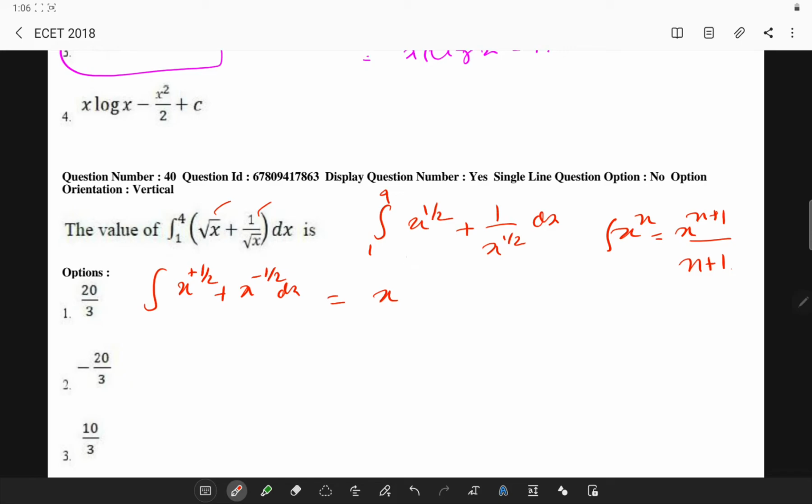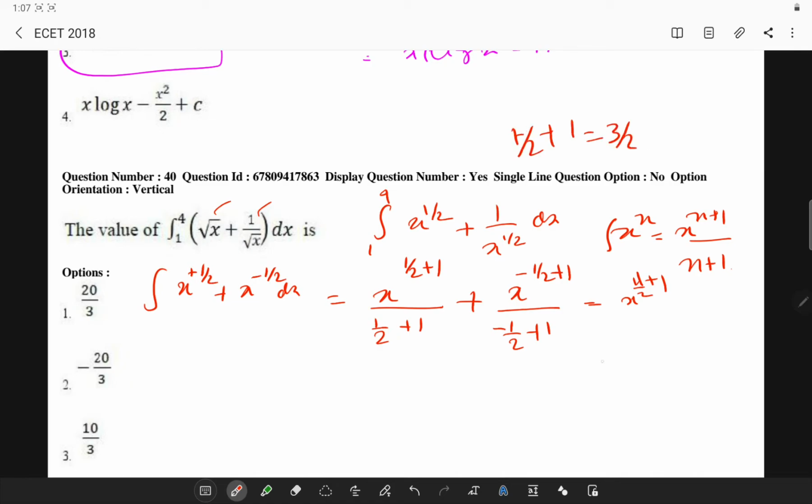This is x power 1 by 2 plus 1 divided by 1 by 2 plus 1, plus x power minus 1 by 2 plus 1 divided by minus 1 by 2 plus 1. 1 by 2 plus 1 is nothing but 3 by 2. So I can write this as x power 3 by 2 divided by 3 by 2 plus x power 1 by 2 divided by 1 by 2.